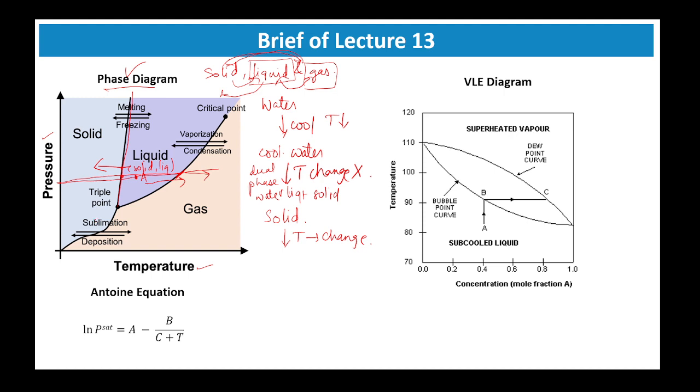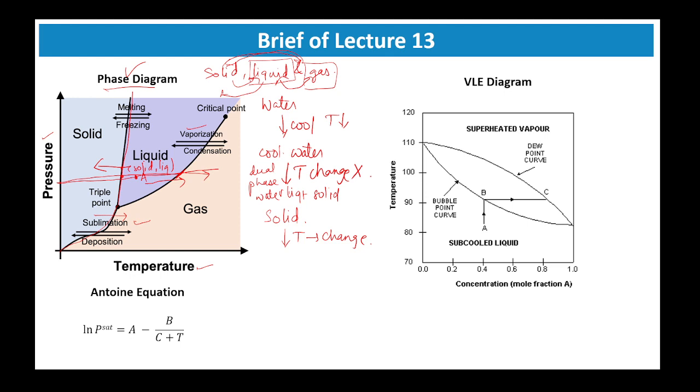This is the transition line, and solid to gas transition is known as sublimation. For a change in pressure or temperature, you can directly convert solid into gas or vice versa. Conversion of liquid into gas is known as vaporization, and gas to liquid is known as condensation, because you are forming liquid droplets.